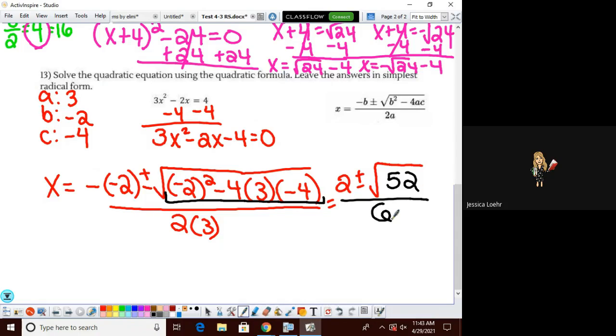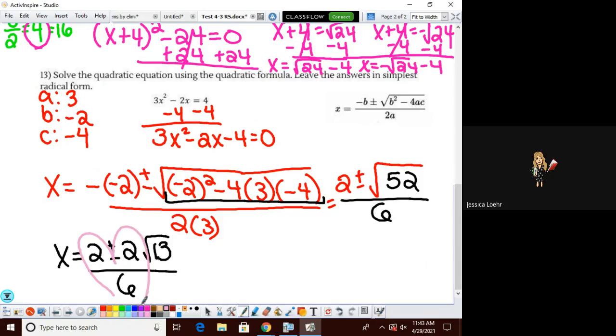Then you have to simplify radical 52, which simplifies to 2 radical 13, all over 6. Since these three numbers can all be divided by 2, I can simplify this by dividing by 2. So it's 1 plus or minus 1 radical 13 all over 3.